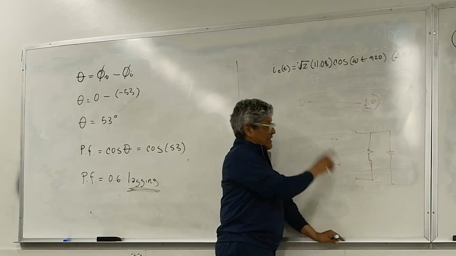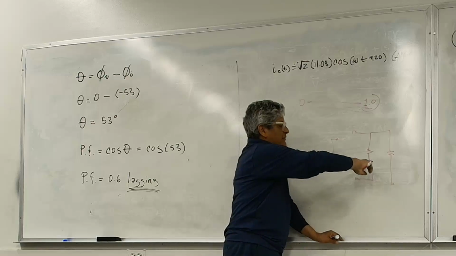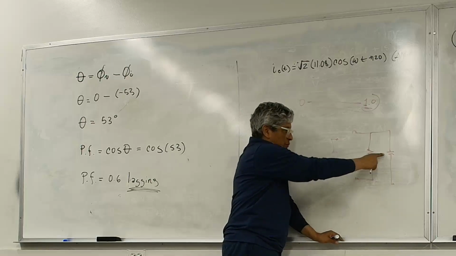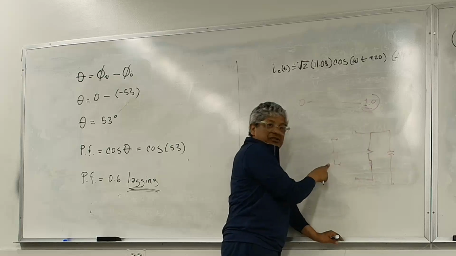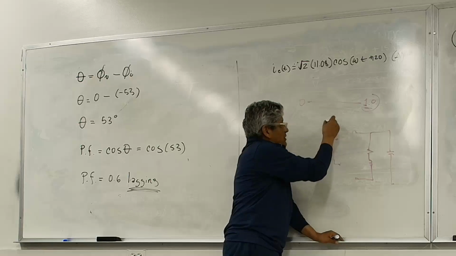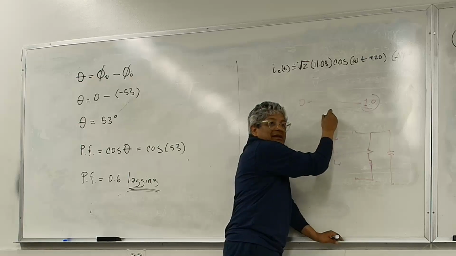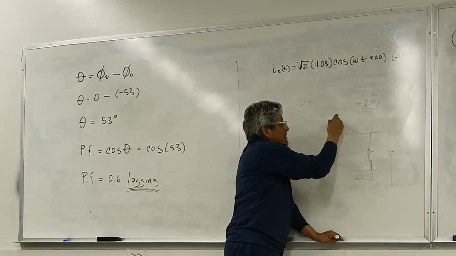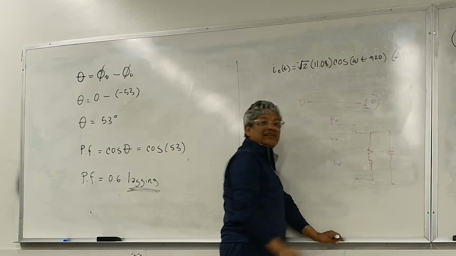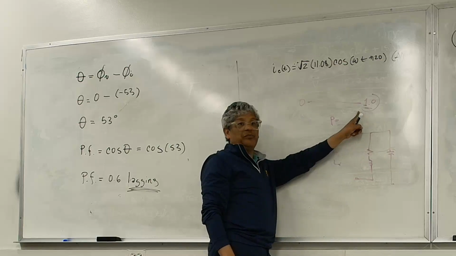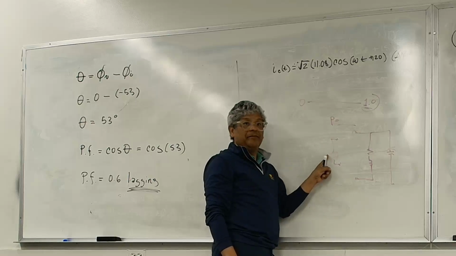If it's 1, that's telling me that the vars consumed by this inductor are produced by this capacitor, right? So the source, the utility, is only selling me what? P, real power, because my reactive power Q is handled internally. That's a really good power factor for the utility, right?